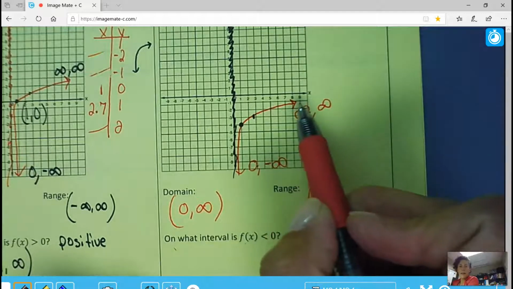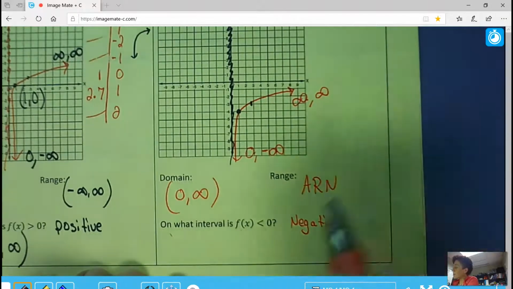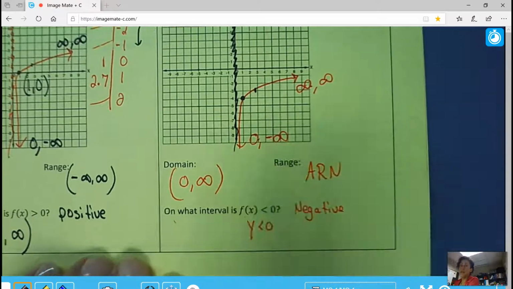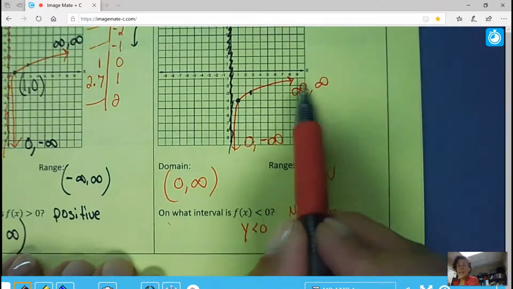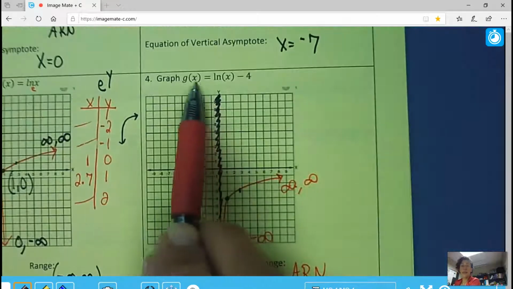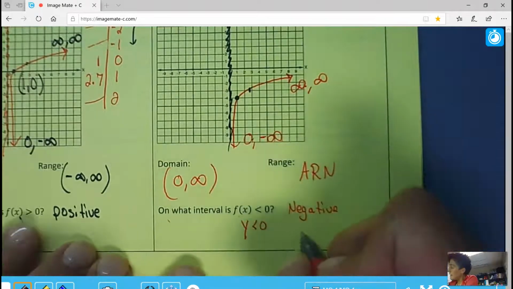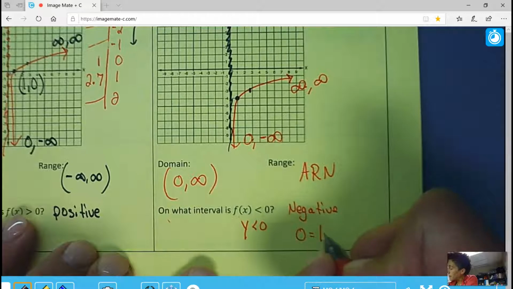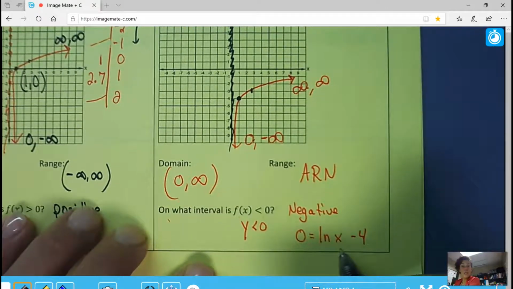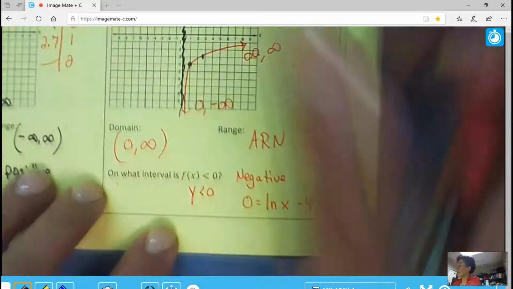Right now, it's kind of hard to see that. What we could do is, again, this is saying when y is less than 0. So here's a little bit of a challenge problem. Since I can't see it in here, I could actually figure it out mathematically. I'm going to put 0 in for y and for g of x and show you how you could solve that. So what I would do is try to isolate x. So this is the solving section, kind of one of those last topics we talked about.